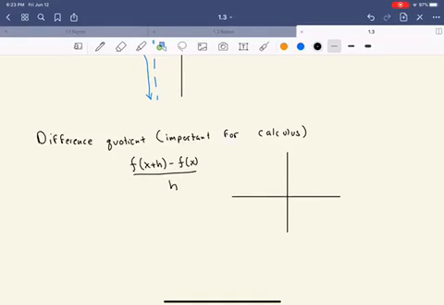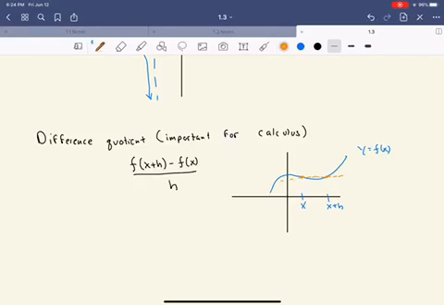And what it represents is, let's say we have some function y equals f of x. Let's say this is x, and this is x plus h. What you're going to find is the slope of the line connecting them.